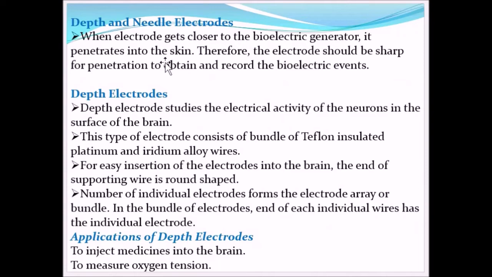Previously we saw how to measure the electrical activity of a cell of our body, whereas neurons are the bundle of tissues present in the brain. So these depth electrodes are used to measure the electrical activity of the brain and to measure the oxygen tensions.